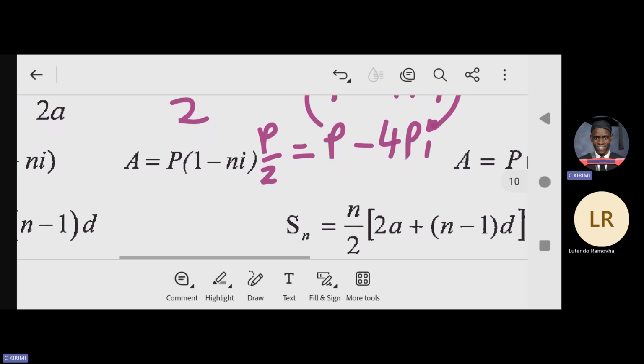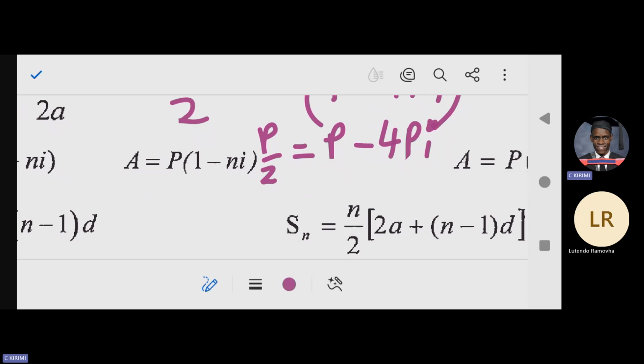From here, let's find I. Since it's a negative 4PI, we can move it to the right-hand side, so I now have a positive 4PI equal to P. Then I take the P over 2 to the other side.